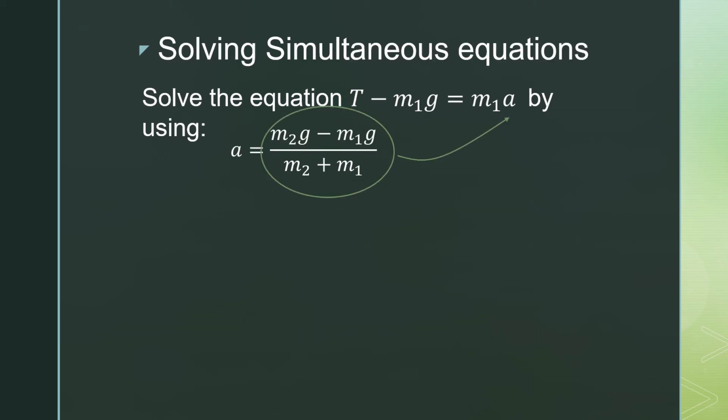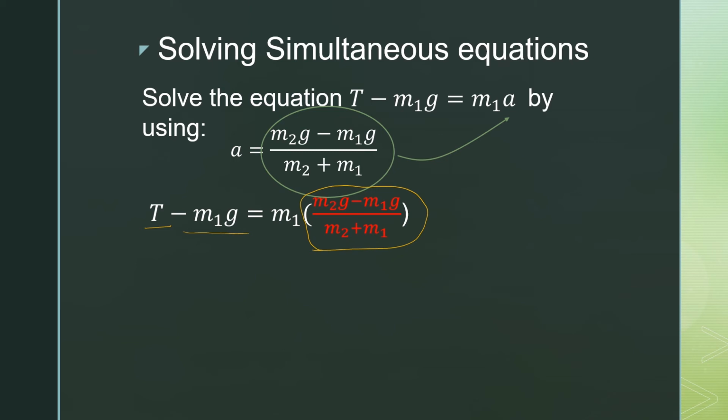So after substituting, we get this equation here. I'm color coding the substitution I made for A. Recall that we are solving for T now, and it is the first term on the left side of the equation. So I need to move the negative M1G term to the right side.